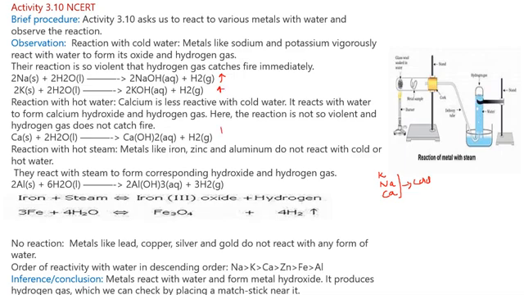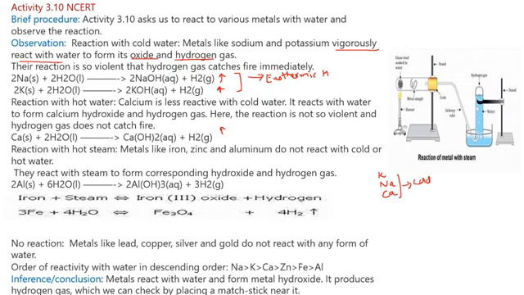But in case of sodium and potassium, this is a highly vigorous reaction. Why is this reaction vigorous? Because when sodium and potassium react with water, a lot of heat is produced. So this is an exothermic reaction.